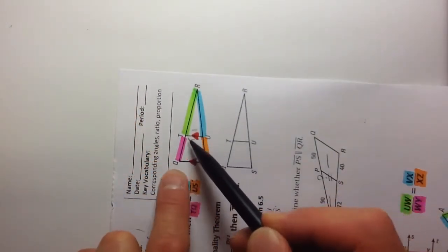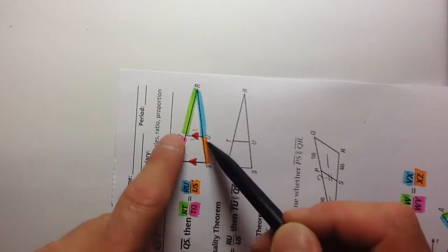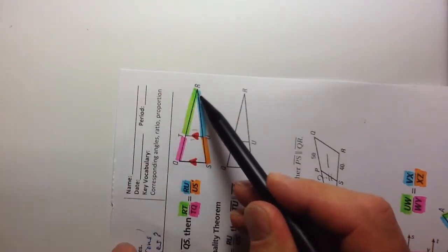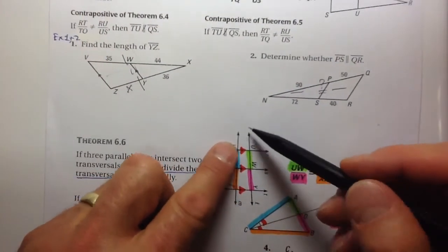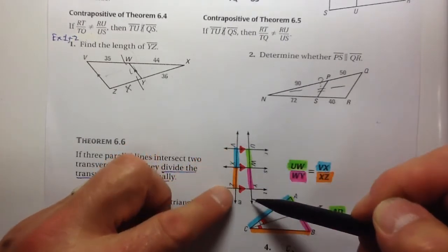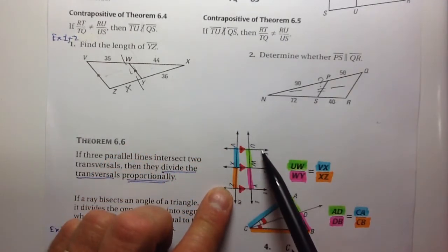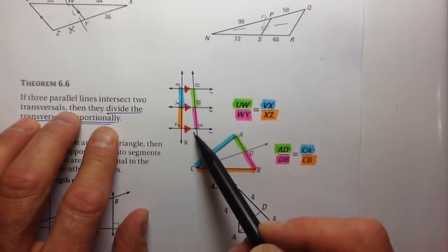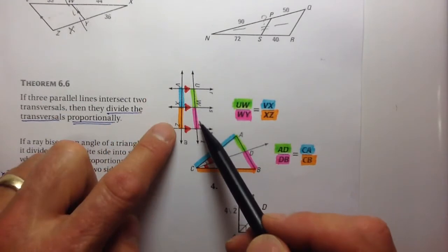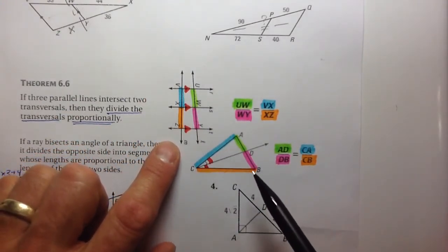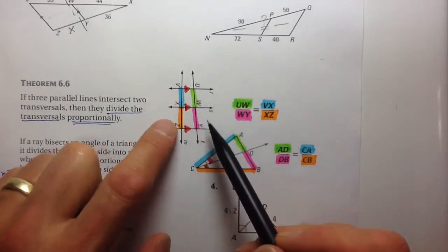So here we have parallel lines, and instead of these two transversals intersecting to create a triangle, think of it as opening up these two lines. The same is still true as long as this third line cutting across here is parallel to the other two. Then we can have the same sort of arrangements with the segments.